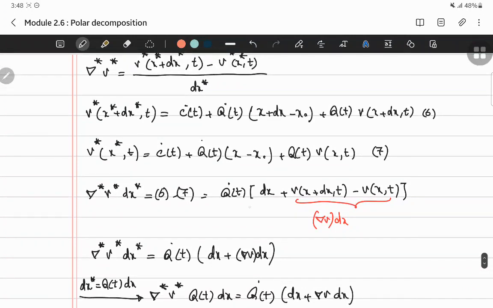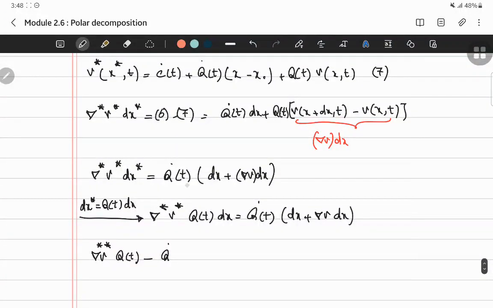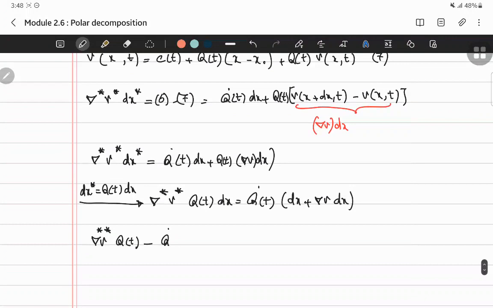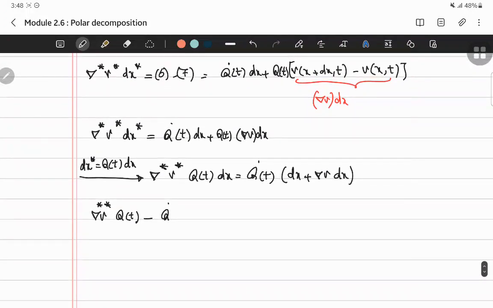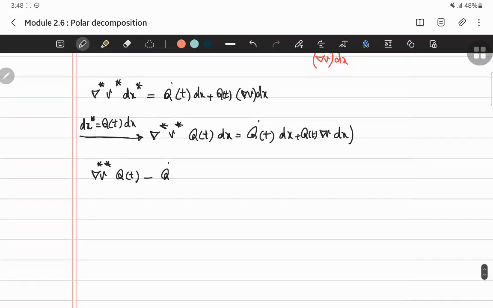Okay, so this is q dot, but this is q dx plus qt times this. So I have this dx plus, this is qt, and then I have here dx plus qt del v.